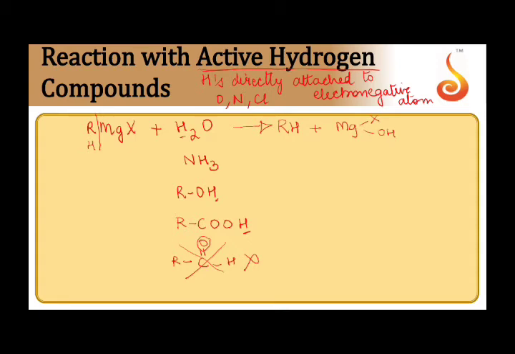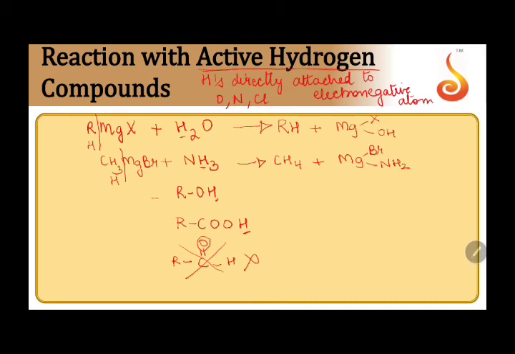The next reaction, let me take some examples now. Say I am taking methyl magnesium bromide. All we have to do is send one of these hydrogens to this methyl part. It became methane, CH4. Whatever is remaining, you write it together like this. Mg, which is attached to Br, is now attached to NH2.